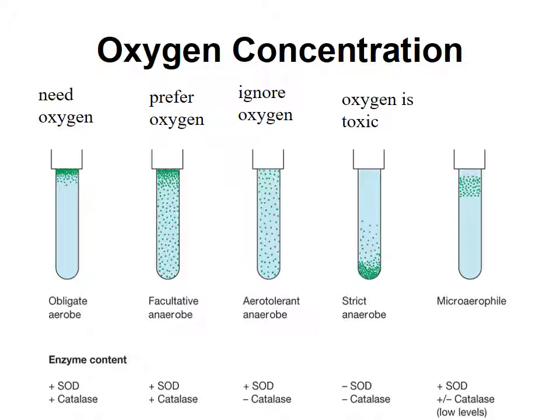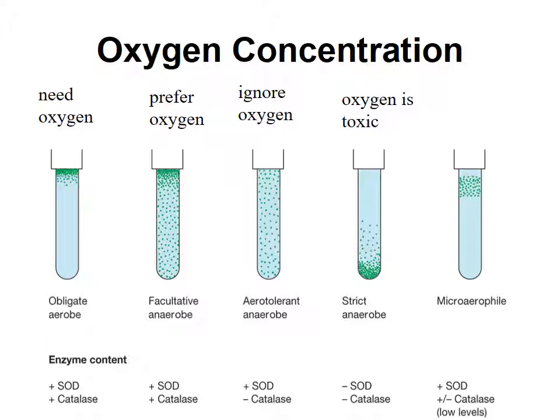Finally, there are aerobes called microaerophiles, and these microorganisms are damaged by the normal atmospheric levels of oxygen, which is about 20%, and they require oxygen levels below the range of, say, 2 to 10% for growth.